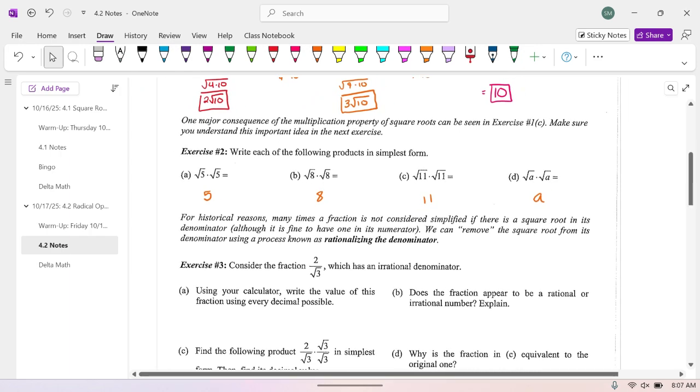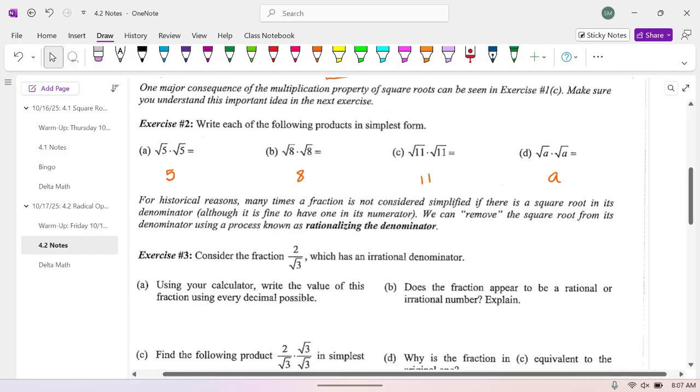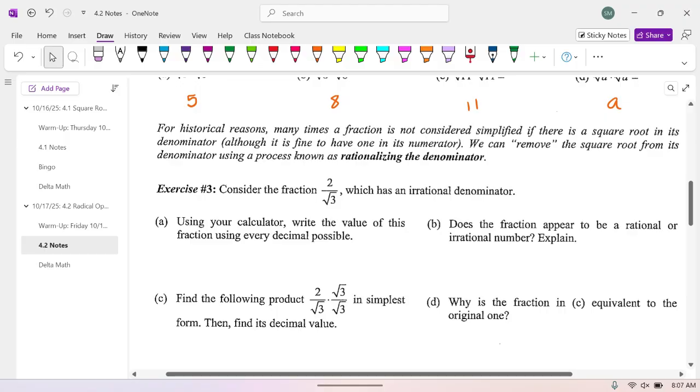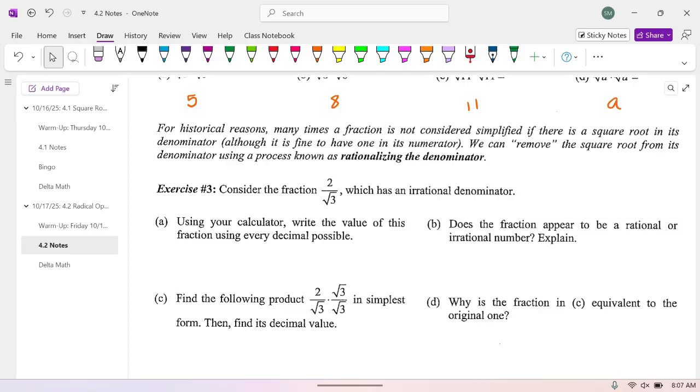Now, why are we talking about this? Well, that's where rationalizing a denominator comes in. So, when we're dividing rationals, we simplify it. We do not like to have a square root in the denominator. It's just something that we just don't like.